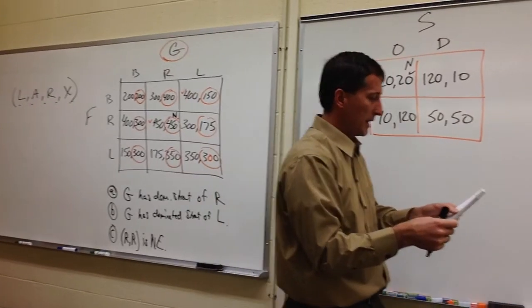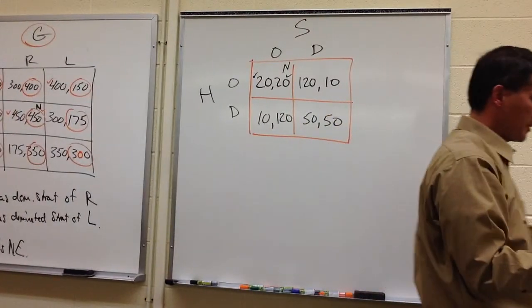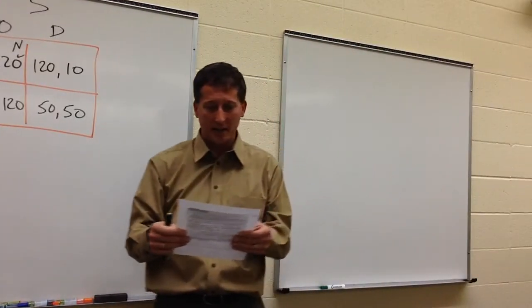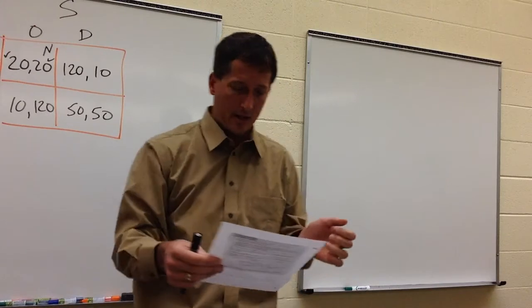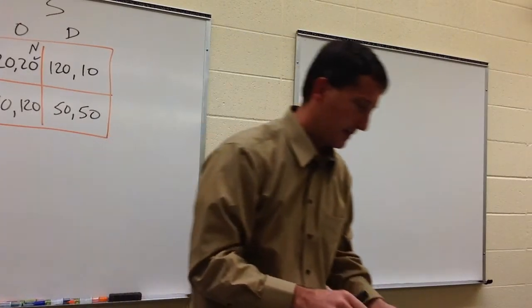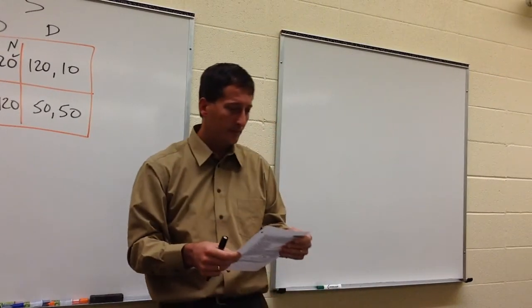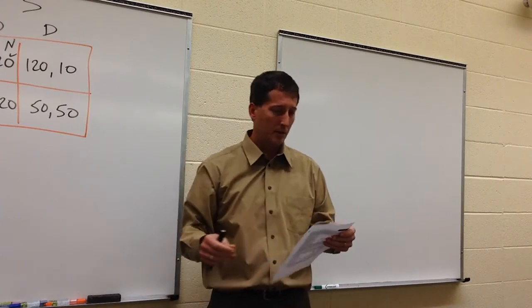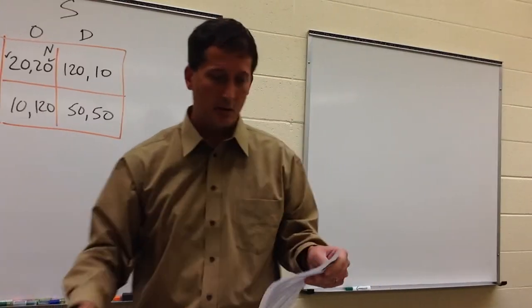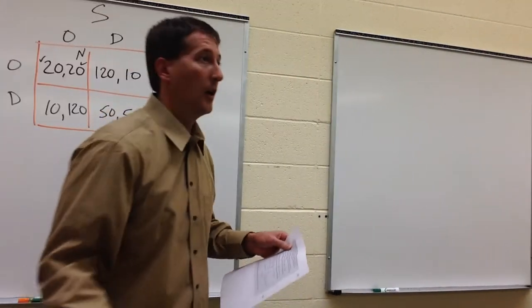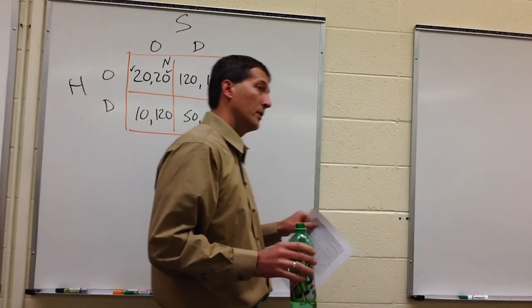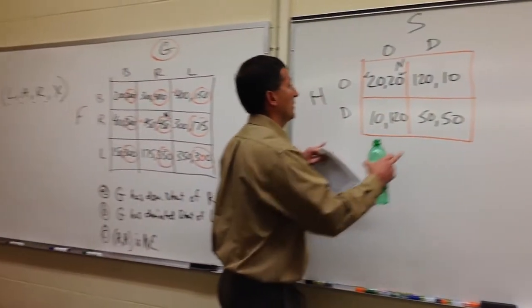All right, suppose the game is repeated 3 times. Will the outcome change from your answer in A? So if we do it 3 times, one was don't offer and don't offer. Don't offer and don't offer was not a Nash.